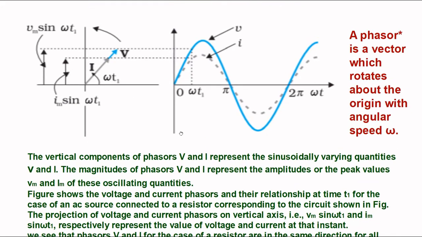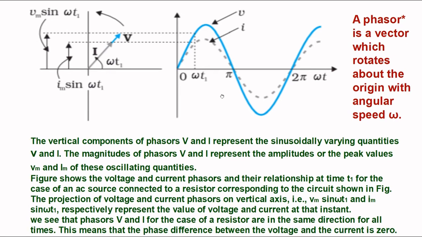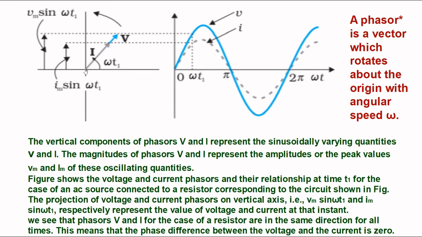The same graph is plotted here, and this is the phasor which represents voltage, and this is the phasor which represents current.